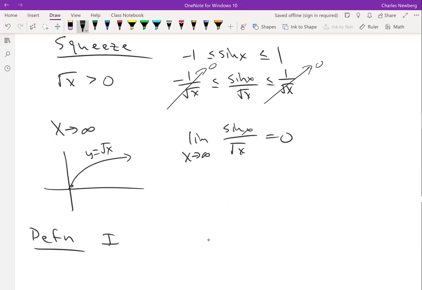Definition. And I'm going to say this is an informal definition.